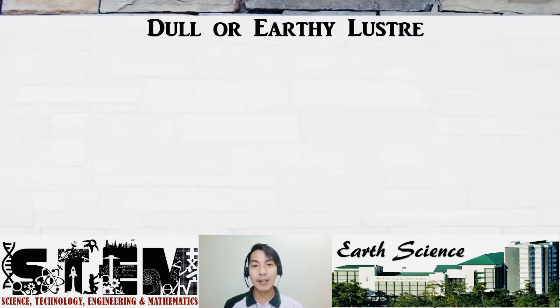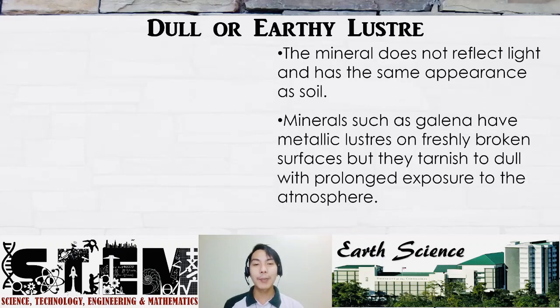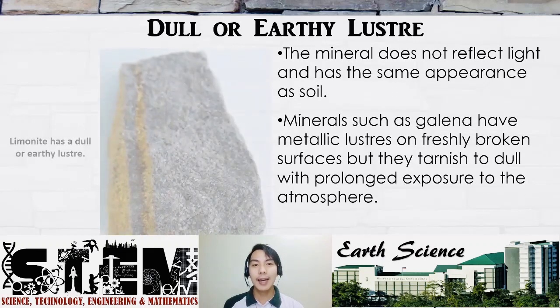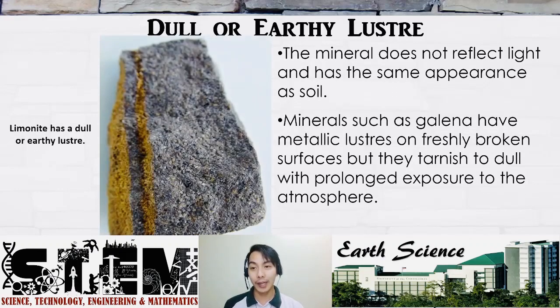Next, we have dull or earthy luster. The mineral does not reflect light and has the same appearance as soil. Minerals such as galena have metallic lusters on freshly broken surfaces, but they tarnish to dull with prolonged exposure to the atmosphere. So a metallic luster, as I said a while ago, when exposed to the atmosphere reacts with oxygen, tarnishes, and eventually becomes a dull or earthy luster.